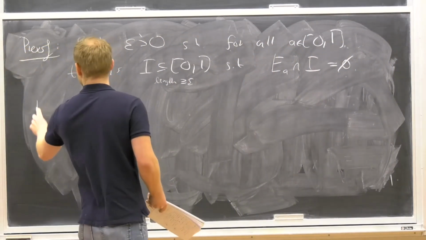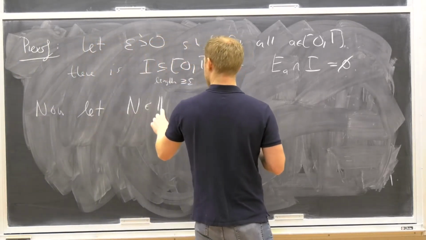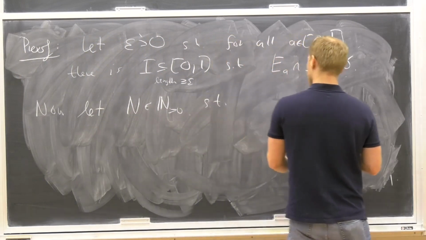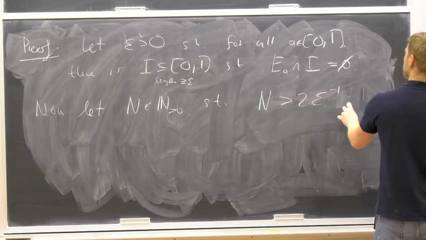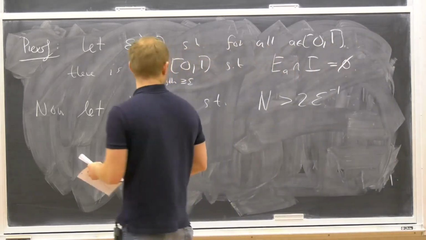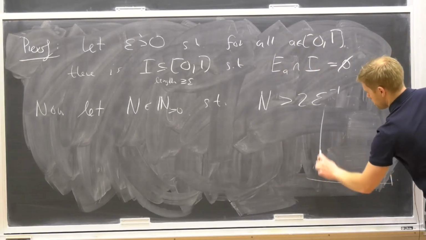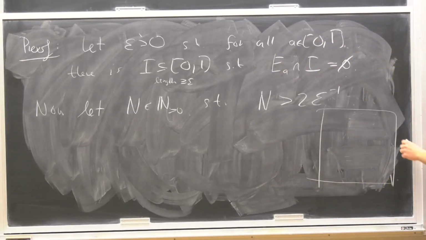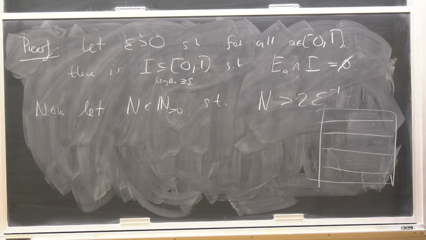So now let n be large enough, more or less. So now let n in the positive integers be such that n is larger than 2 times epsilon to the -1. Okay, and now essentially what we're doing here is we think of looking at the box, and we're going to draw boxes here, and those all have to have length 1 over n.